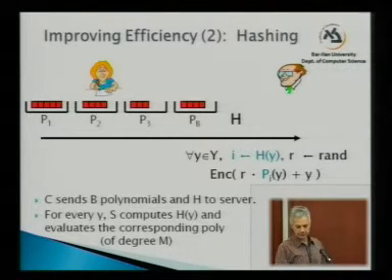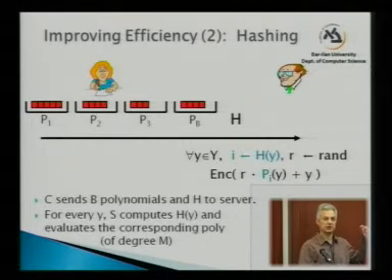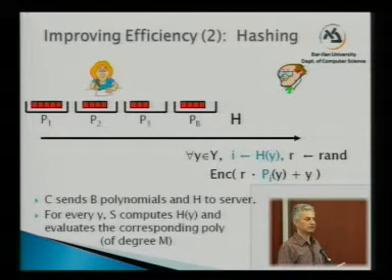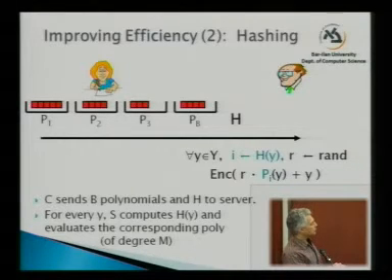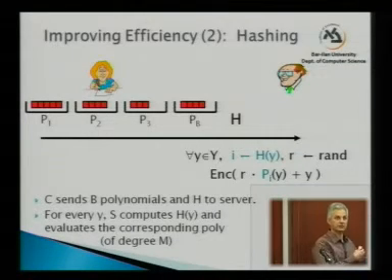Suppose the server has the number 7 as one of its inputs. It knows that if the client had the number 7, it would have thrown that number into the bin h of 7. So therefore, it should evaluate 7 only against the polynomial of the bin h of 7.